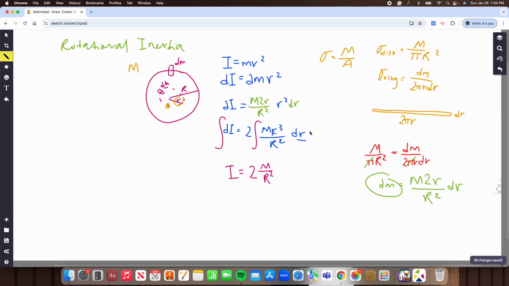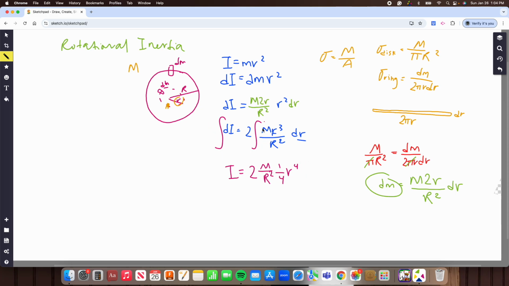So we only really are integrating r cubed. And how we do this is we add one to the exponent, and then we divide by that number. So 3 plus 1 is 4. You divide by that number, so you get 1 over 4, and then r to the 4th. So that's going to be our entire equation.